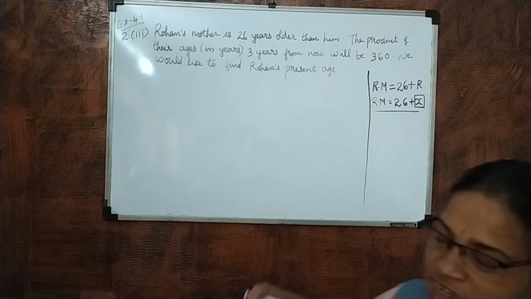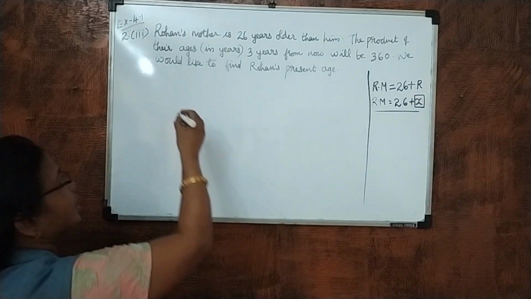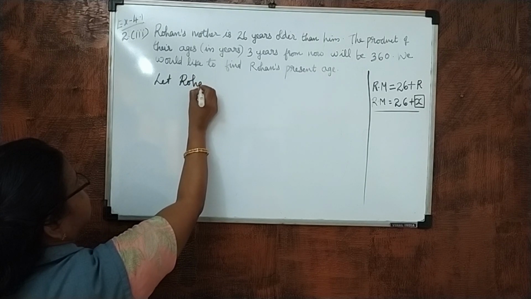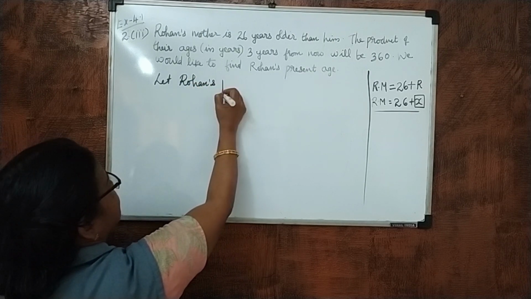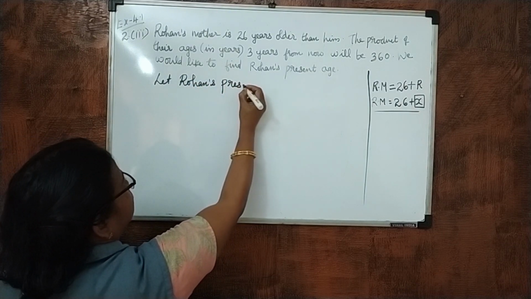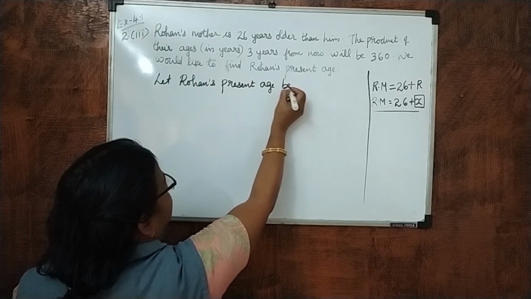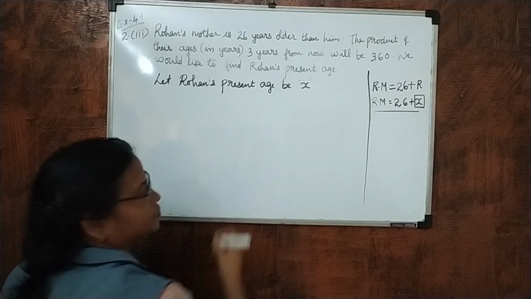Clear? So we'll write here. What is the first step? Let Rohan's present age be x.